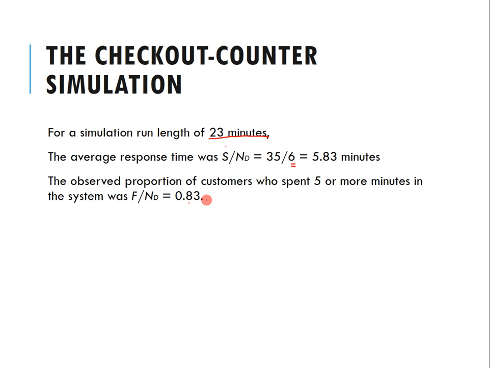If your goal is to make customers spend less than 5 minutes, then this means 83% spend more than 5 minutes, so you have to do something with your system to reduce it to less than 5, because the majority spend more than 5 minutes. So that's all.